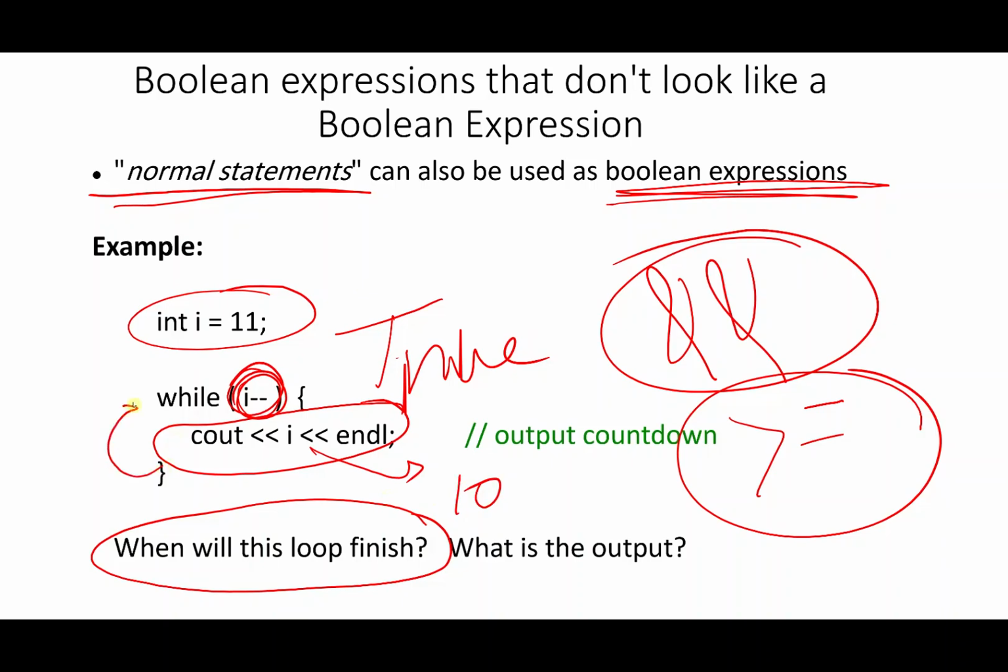Then go back to check. While 10 is non-zero, so it's true. And print the I minus minus, which means 9. And keep doing that until you print the 0, right?